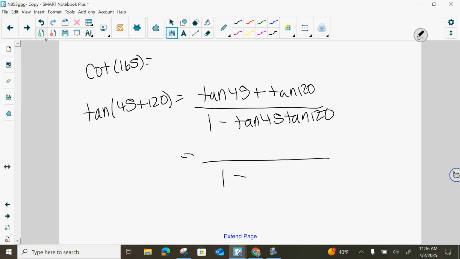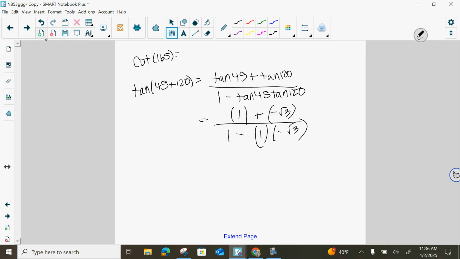So you got 1 minus, you got a 1, you got a 120. So 120 is 60. So what's that, rad 3? Negative rad 3? Because 120 is in quadrant 2. Did you have negative rad 3? Okay. Yeah, that's why. So you got 1 minus rad 3, 1 plus rad 3.